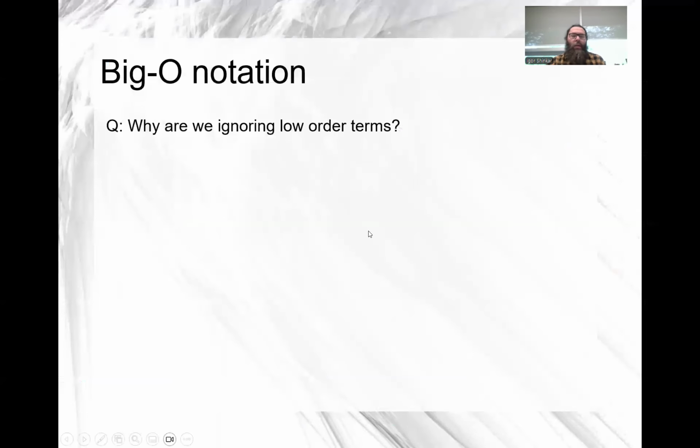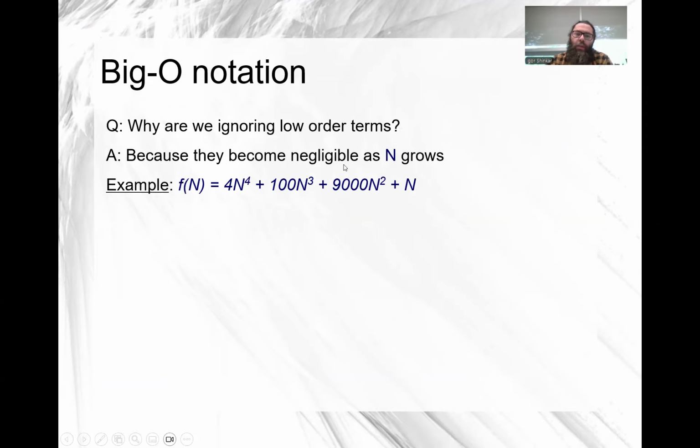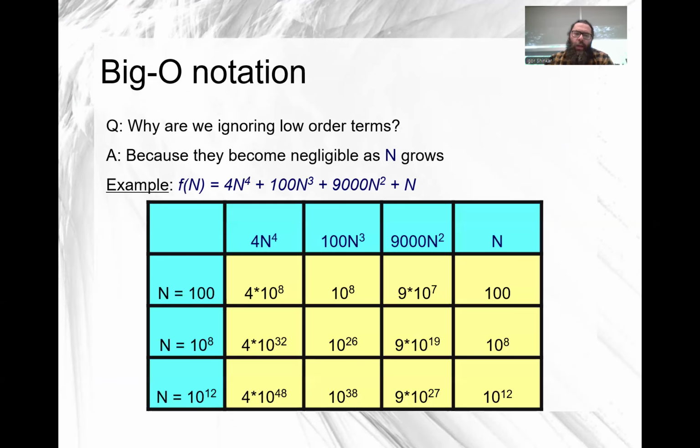So we said we're ignoring low order terms because in this picture we saw that they're negligible. If we look at this picture, this is f of n. If you look at n really large, when n is 100, maybe the 100n cubed still makes a difference.